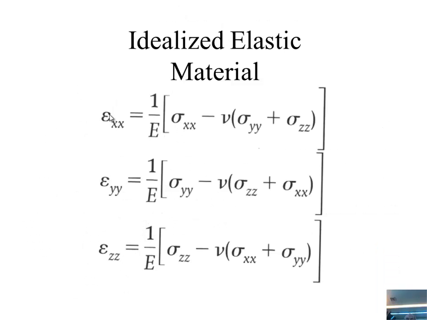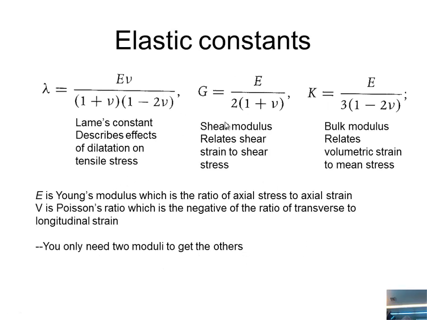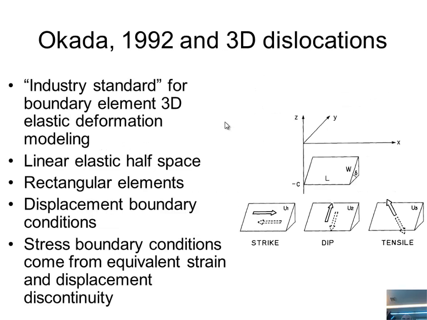Here's a simple representation using Young's modulus, the linear ratio of stress and strain, and then the Poisson ratio. The thing is, it's 3-dimensional, and these elastic constants relate to each other. So that's basically elasticity.